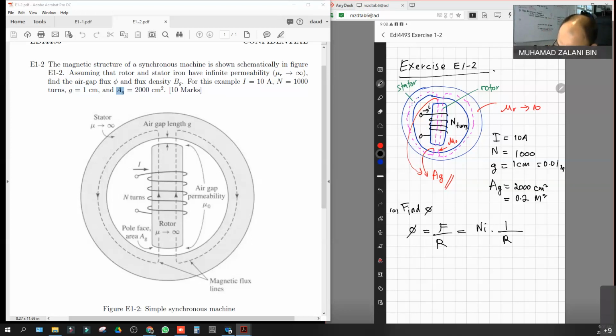This R is the total R, which is the summation of RC plus RG, the core and gap reluctances. If you remember in our previous question, this is RC and this is RG, right? So the total reluctance is R total.